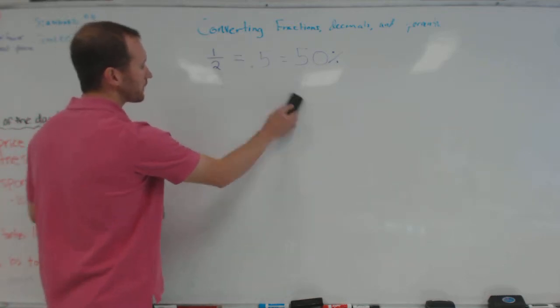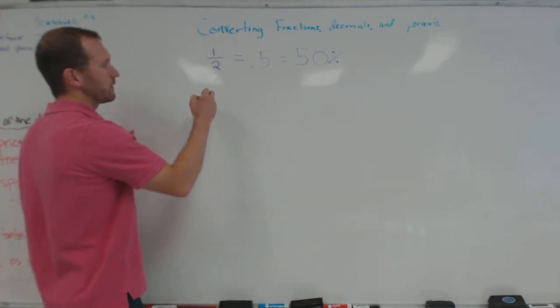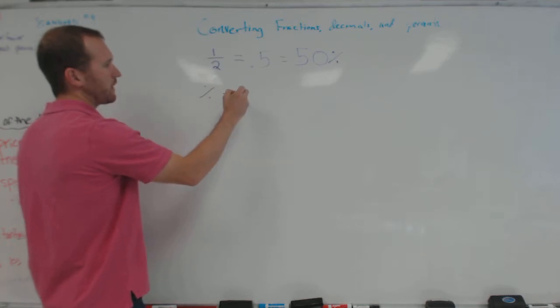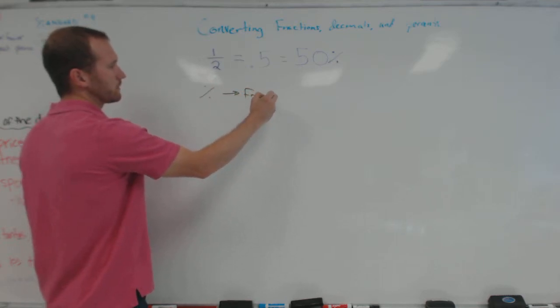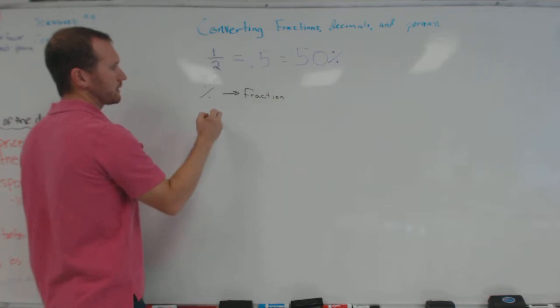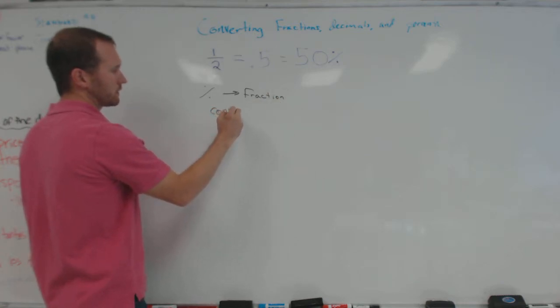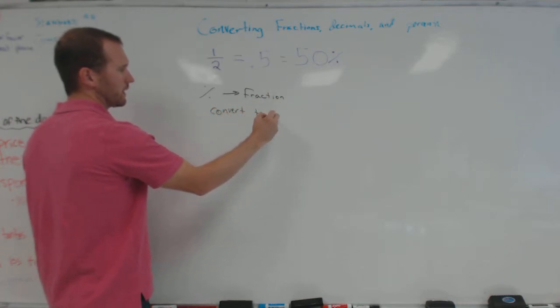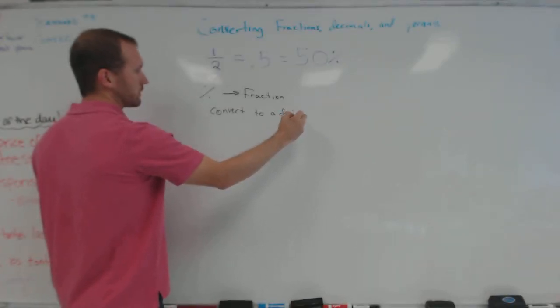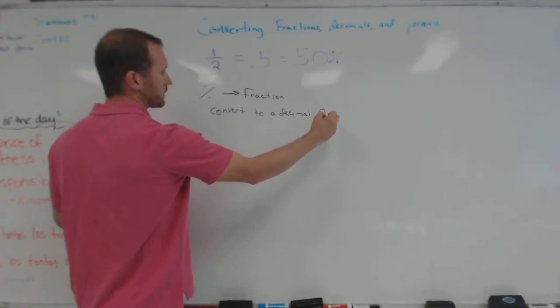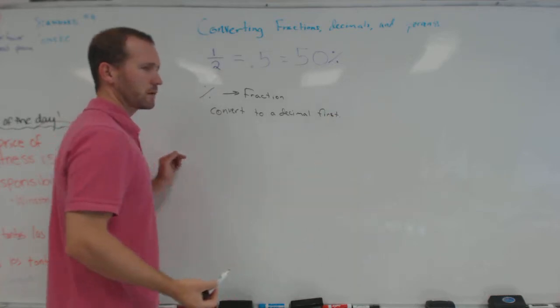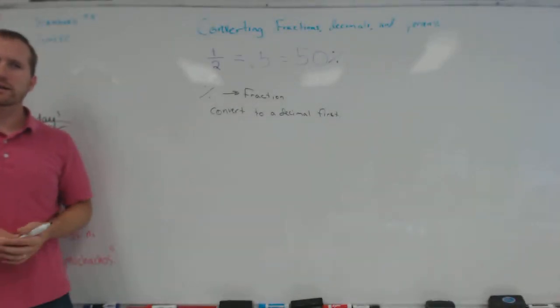So if you're converting a percent to a fraction, I would say convert to a decimal first. That's how I would do it, because I think it's a little easier.